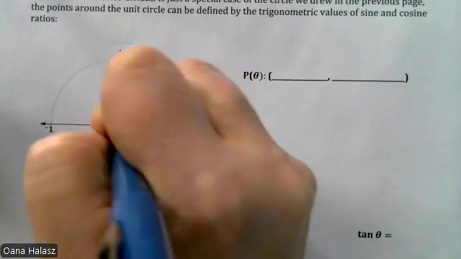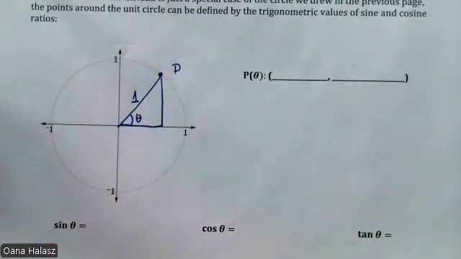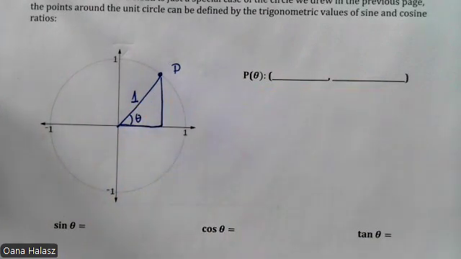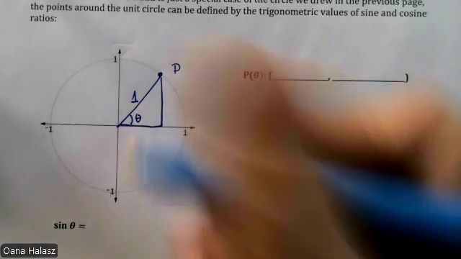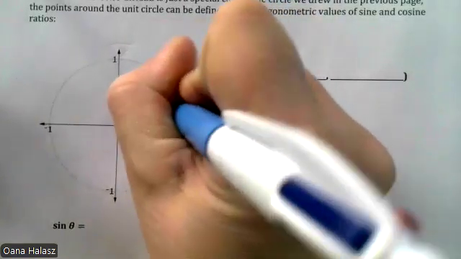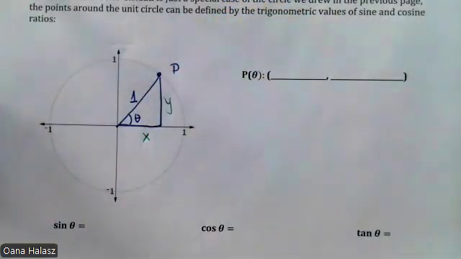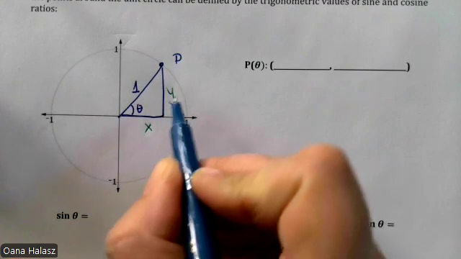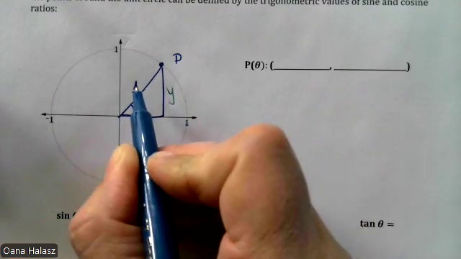For any trigonometric value of cos or sine, in this case, we'll have to use the 1 as the hypotenuse, right? So this is the y, and that is the x. So for the sine of theta, I have to do y divided by 1.